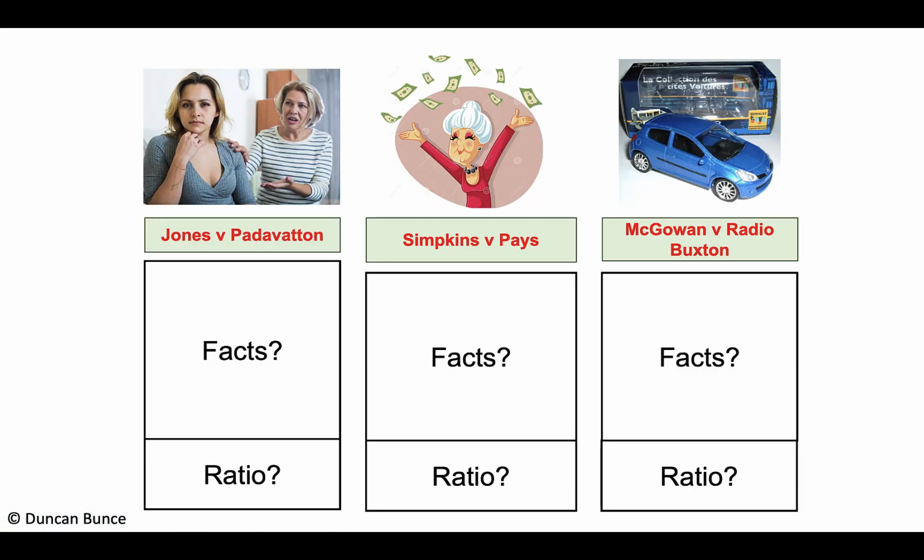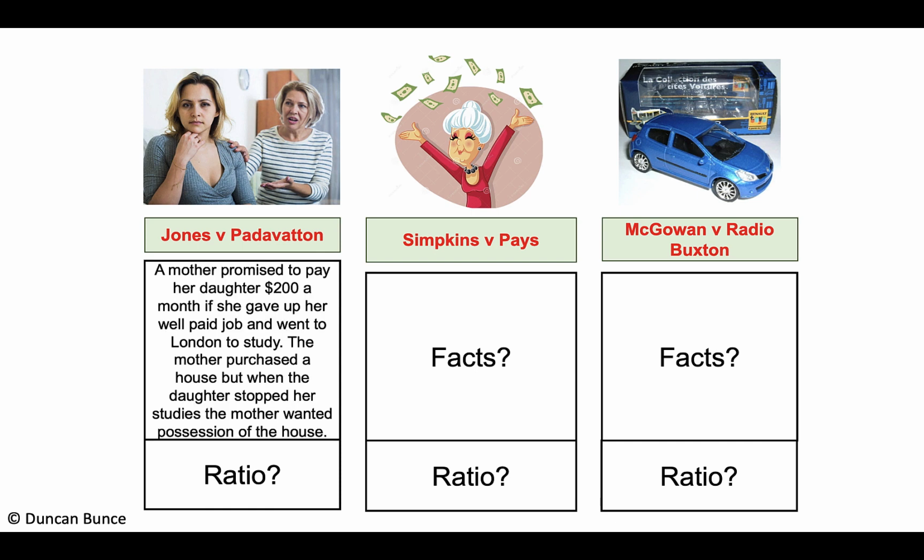A few more cases here. I think possibly the last three for this essential element. We've got Jones and Padavatten, and you can see there the picture of the unhappy daughter and the mother. The facts are a bit more detailed than this, but I've tried to summarise them. A mother promised to pay her daughter $200 a month if she gave up her well-paid job and went to London to study.